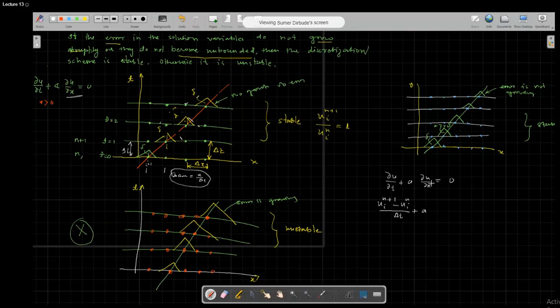Backward, forward, or central? Because this is a right running case, a positive a, we should use backward difference. So I'm using backward difference: ui n minus ui minus 1 n over delta x, equals 0.